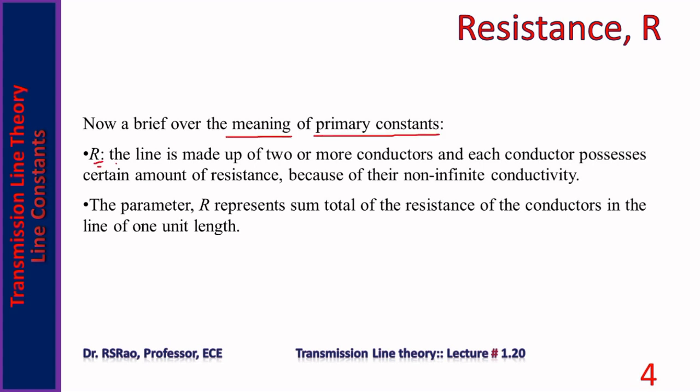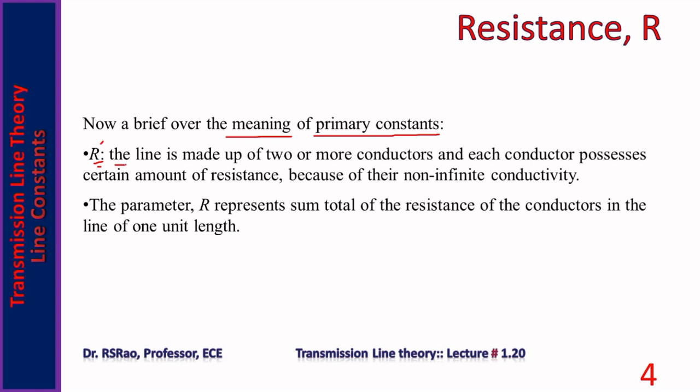What is this R? R represents the resistance of the conductors that are there in the line. Line may be consisting of 2 conductors, 3 conductors, 4 conductors, 5 conductors, and each conductor must be having some resistance. R is resistance of all those conductors in an unit length of the line.